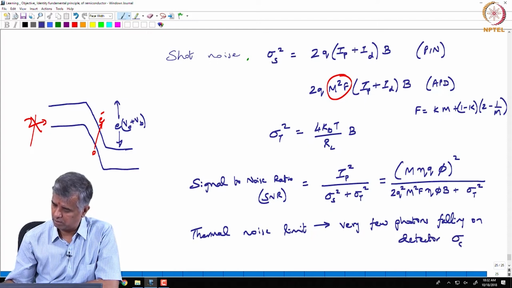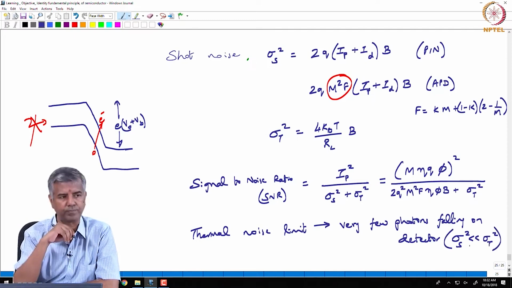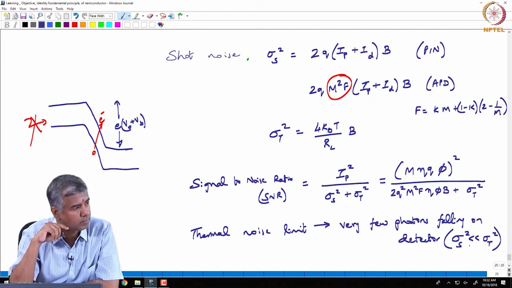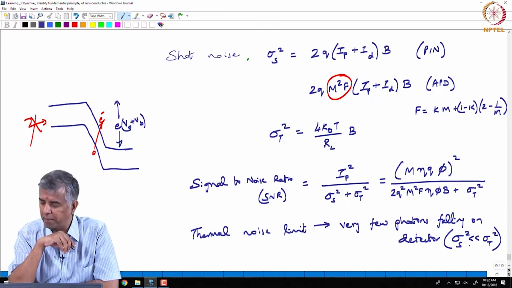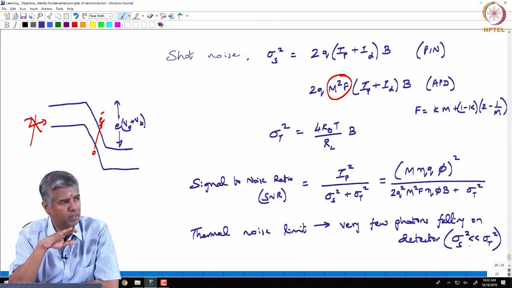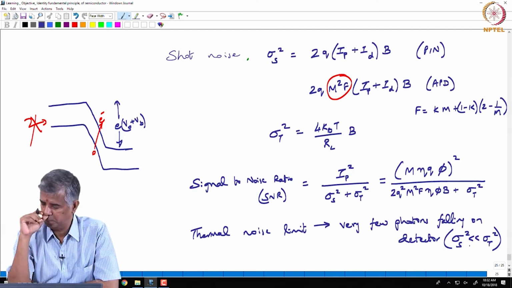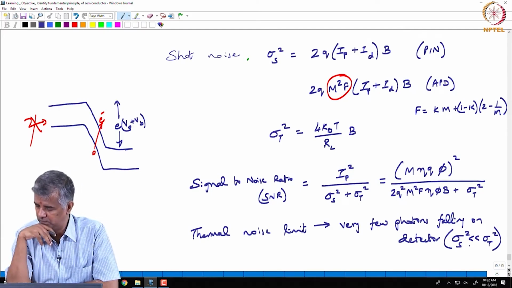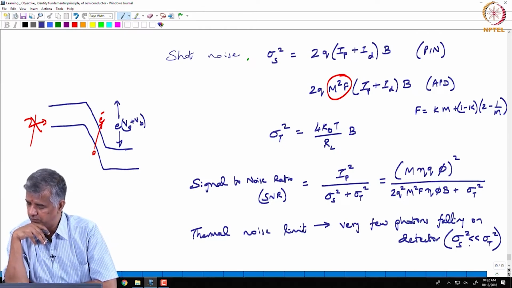So, in this case what you have is sigma_s square is far less than sigma_t square. M is actually the multiplicative gain. Sigma_s square is 2q M square F, that is the factor.